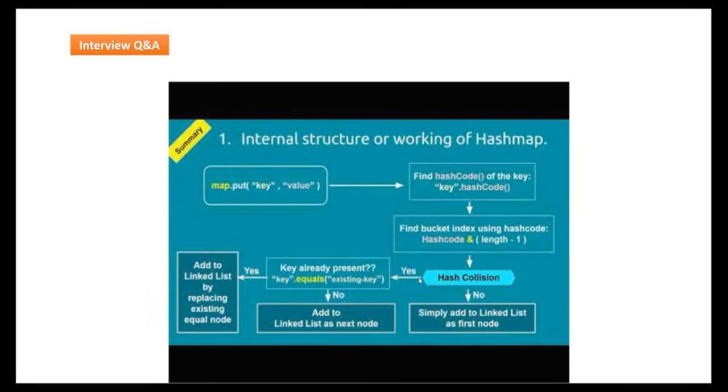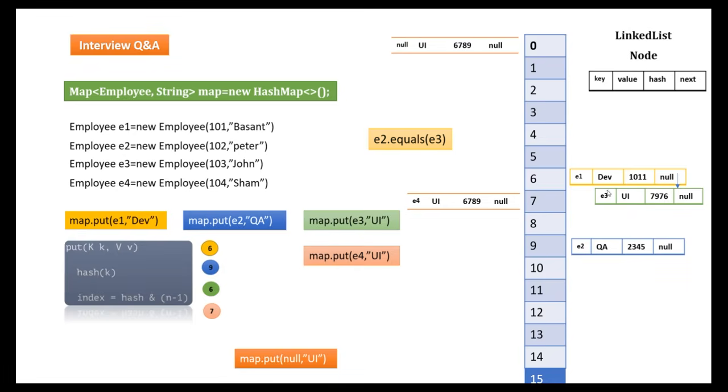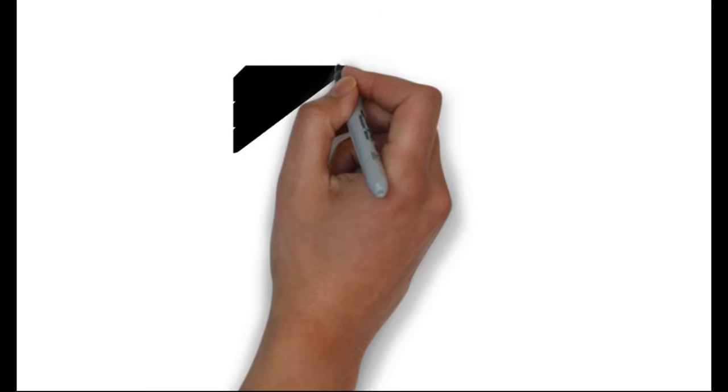If there is a hashing collision, meaning a node is placed in the same bucket where one node already exists, then go and check equals with the existing key. If both are the same, just replace or override. If both are different, then add it. That's what we understand, right? This is where we have the hashing collision between E1 and E3, and it checks E1.equals(E3). So this diagram makes sense, right?